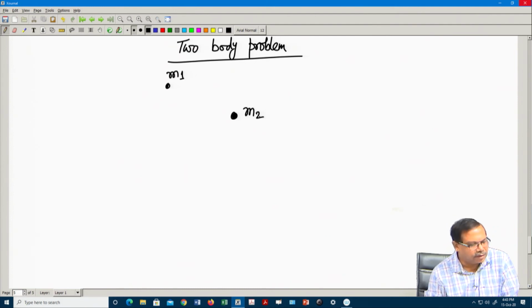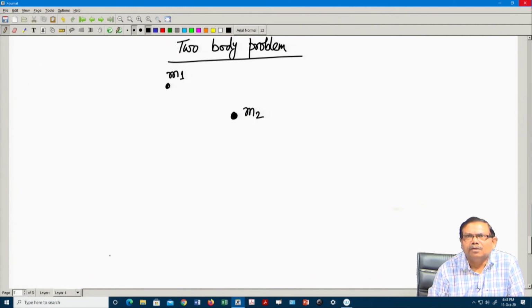Two bodies are interacting with each other and a system of two particles is moving. It could be the motion of the earth around the sun, or two charged particles interacting with each other. So, two bodies interacting with each other.